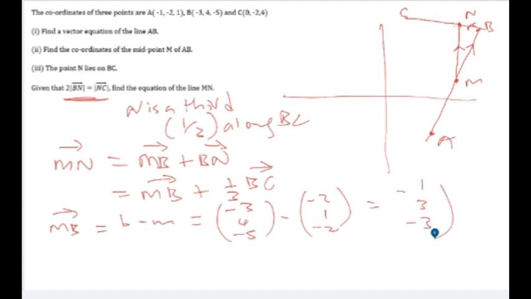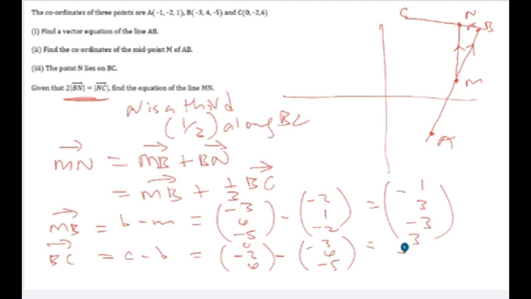So that's your value MB. Now, what about BC? Same technique, C minus B, which is going to be equal to 0, minus 2, 4, subtracting minus 3, 4, minus 5, and this gives us 3, minus 6, and 9.